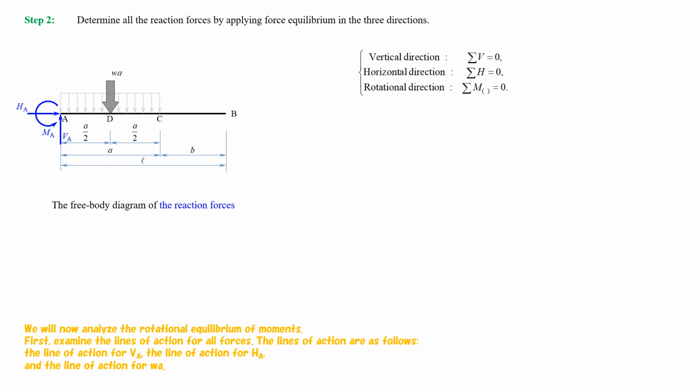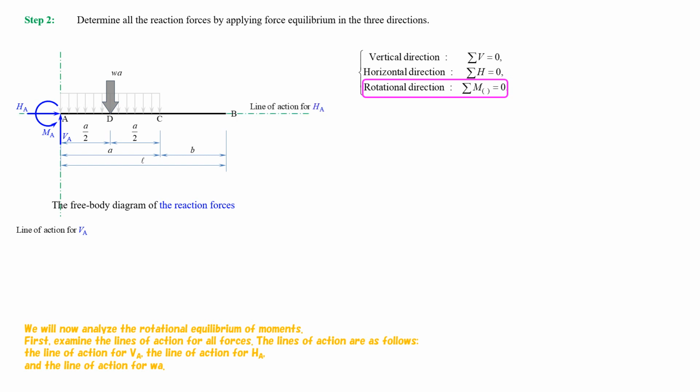We will now analyze the rotational equilibrium of moments. First, examine the lines of action for all forces. The lines of action are as follows. The line of action for VA. The line of action for HA.